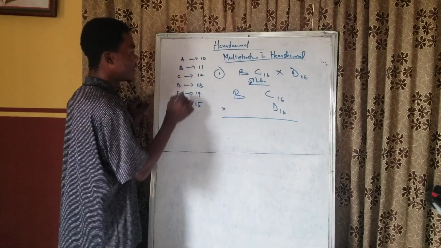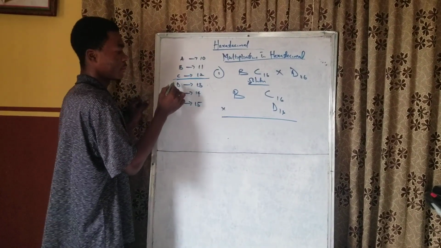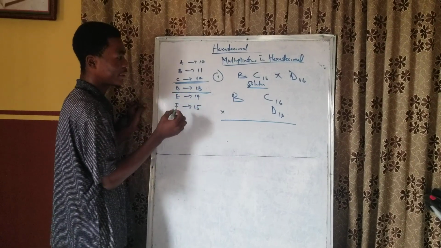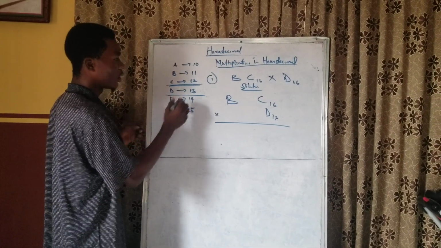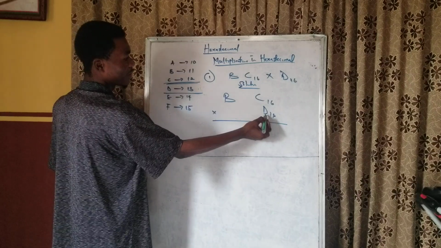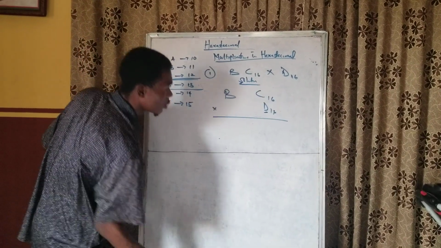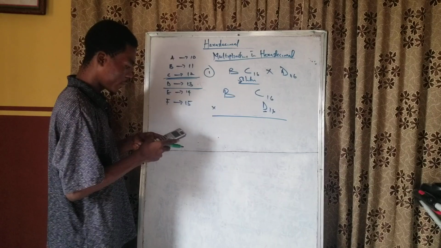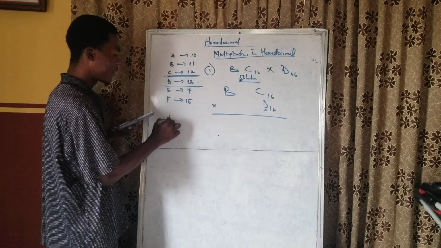What is the value of C? C is 12. And what's the value of D? D is 13. So the first thing is 13 multiplied by 12. We'll make use of our calculator. 13 multiplied by 12, then we have 156.